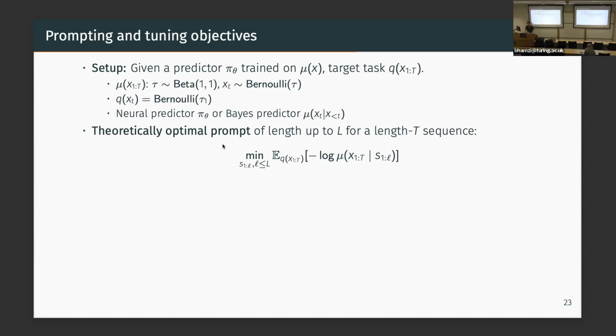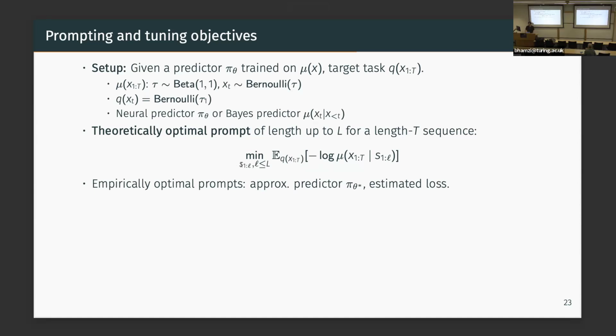For example, if we're doing prompting, what we are trying to do is take the best possible predictor we have, the closed form, and minimize the log loss on the task Q, but only over a set of conditioning sequences of length up to L. This is I think one of the simplest possible prompting setups we can have.